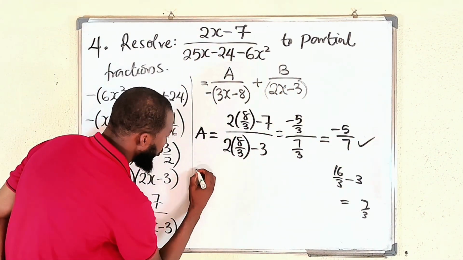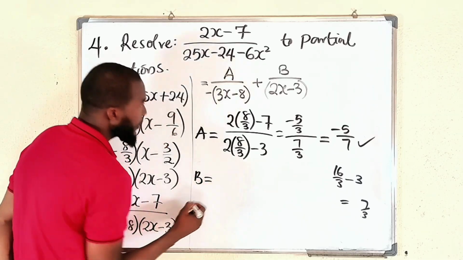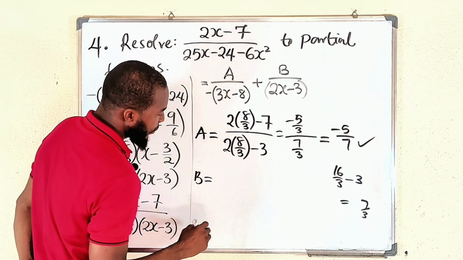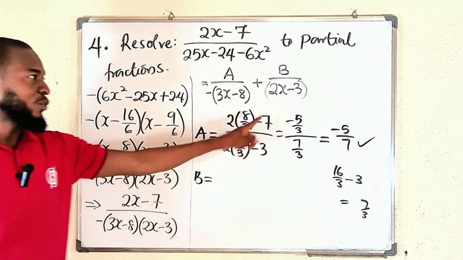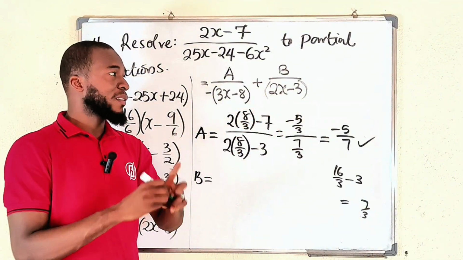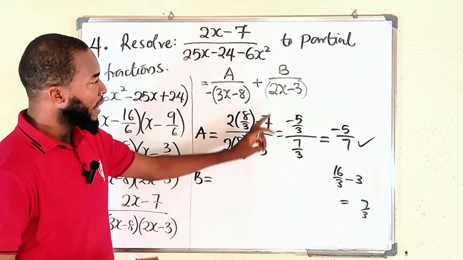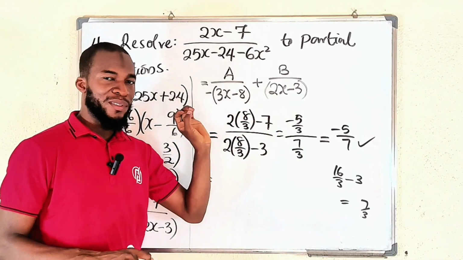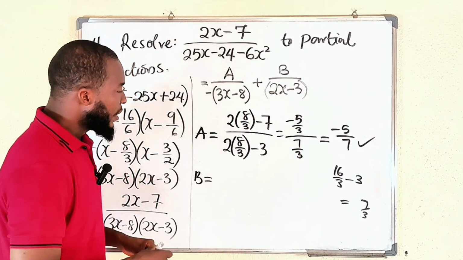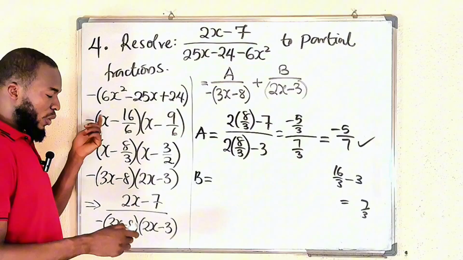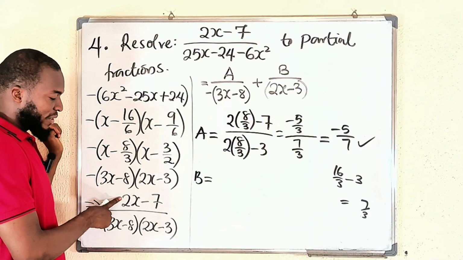Now to find the value of B, we're going to come to the other factor and find that value of x that can make this 0, which is definitely 3 over 2, because 2 times 3 over 2 gives us 3, and 3 minus 3 is 0. So that 3 over 2 is substituted up here, where you have 2x minus 7.